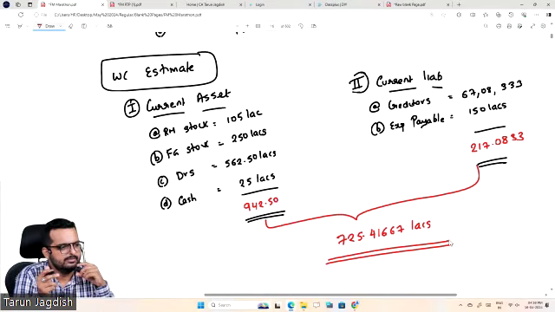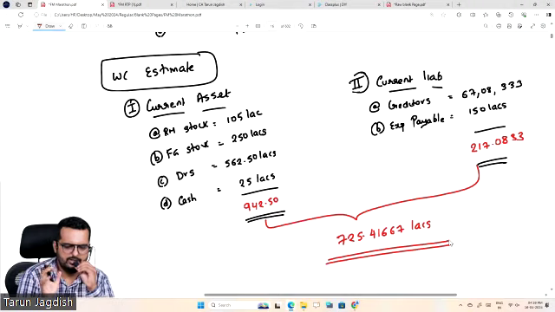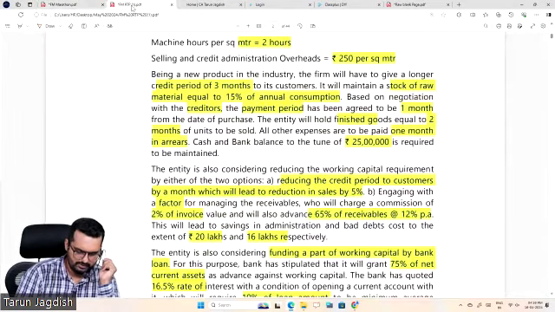No, if I'm putting in lakhs, this point will come. Okay, friends, are you all done so far? So we are done with the first part of the question until here.